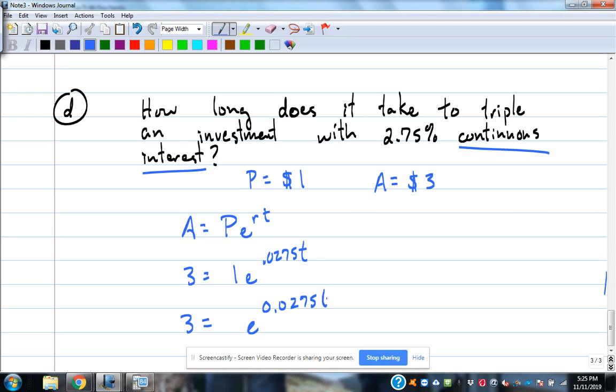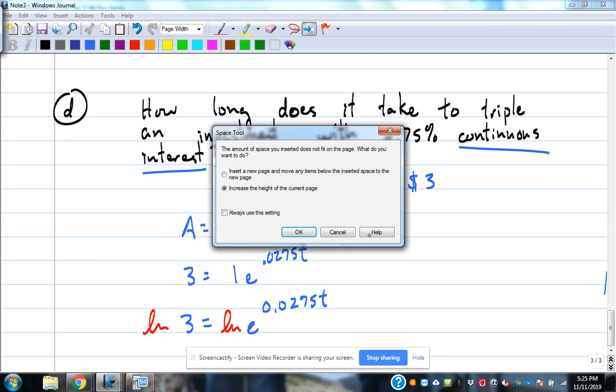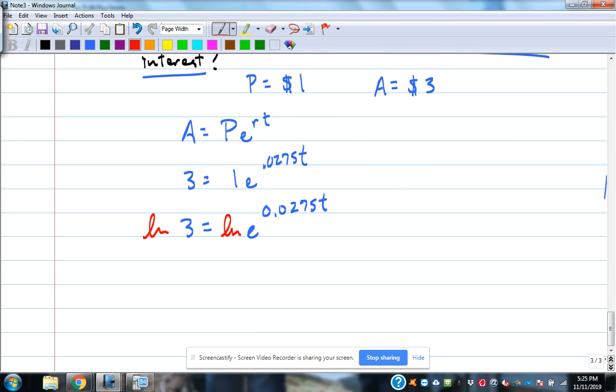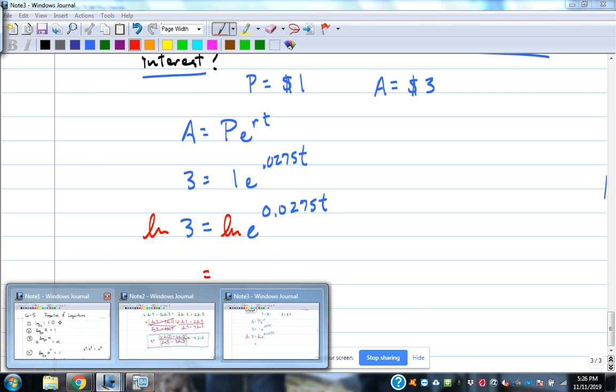All right, I've got an e as the base and a t in the exponent. So how do I get rid of that? If I take the natural log of both sides, what happens on the right-hand side? What happens to the natural log of e? Go back to your properties from the beginning.